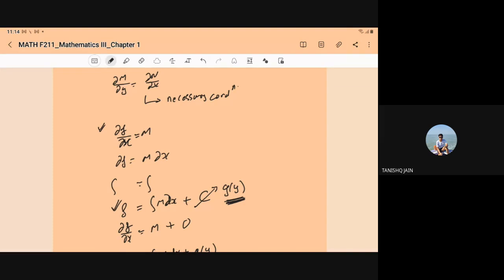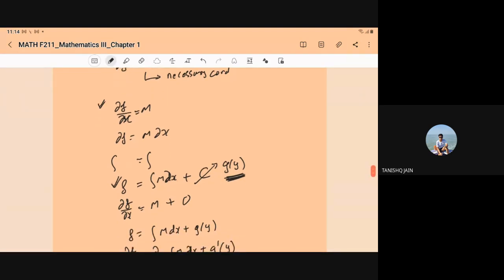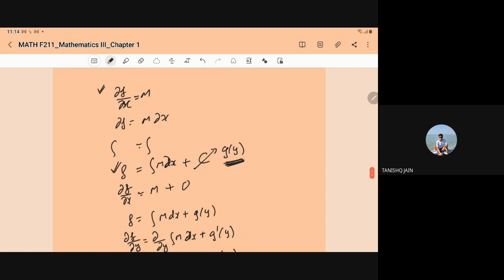If you integrate on both sides, it will give you f as the integral of m del x plus c. In general, we write the c. So instead of the c, we take the g(y). There is no harm in taking g(y) because we are integrating with respect to x. That means if you differentiate with respect to x, you will get the above equation.